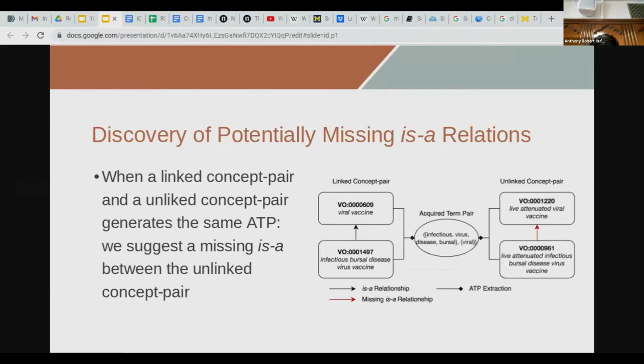As you can see here, the acquired term pair of infectious virus, sorry, the resolution is a little bit too small for me to read it out, but essentially both the linked concept pair and the unlinked concept pair share the same acquired term pair, and we suggest that this may be a missing is-a relationship.